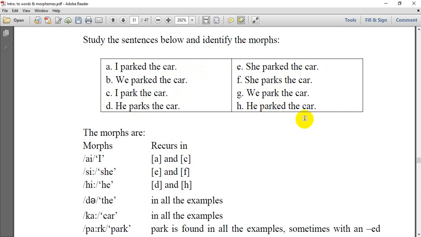In these sentences, we have morphs here.